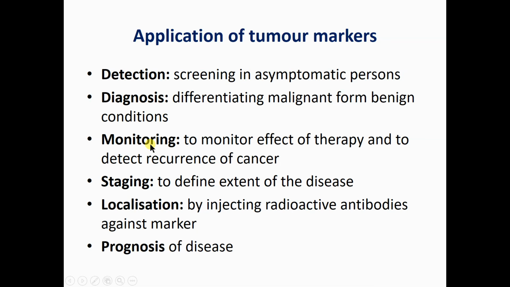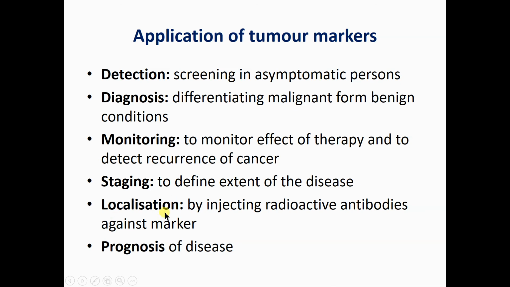They are also useful for monitoring of the cancer, to monitor the effectiveness of the therapy and to detect whether a recurrence of the cancer has occurred or not. It is useful to stage the cancer, to define the extent of the disease, whether it is localized to the tissue of origin or has spread to distant sites, etc.